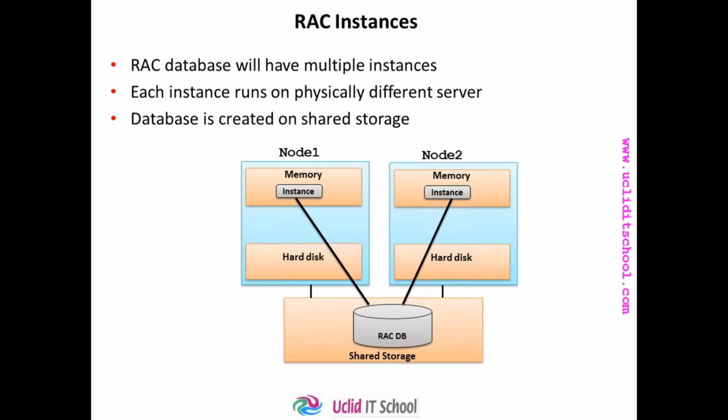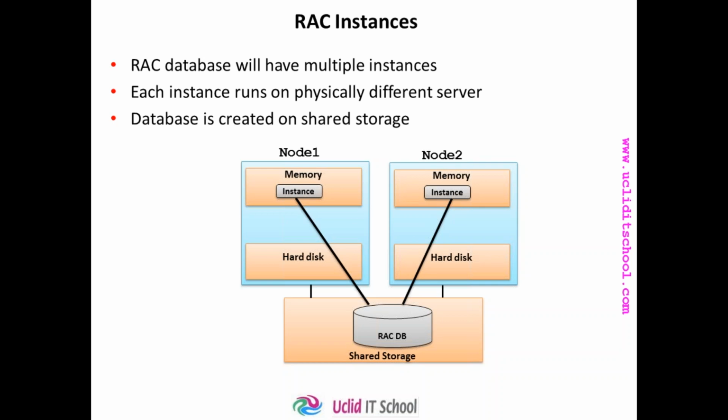Now we have two servers in the cluster. Each server is also called a node. Individual servers are called nodes. So I have two nodes in the cluster, node 1 and node 2. Each node or each server has its own memory, its own internal storage, hard disk. And both these servers, both these nodes are attached to shared storage.